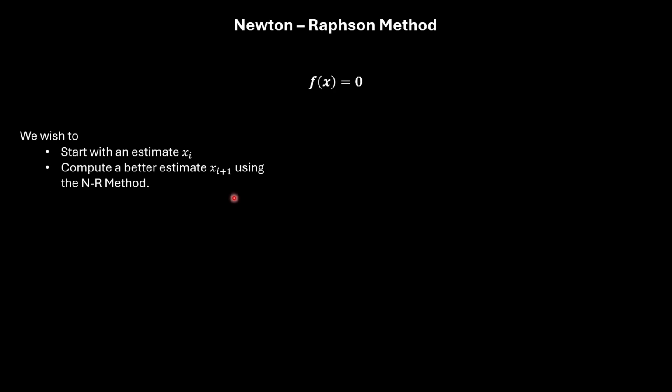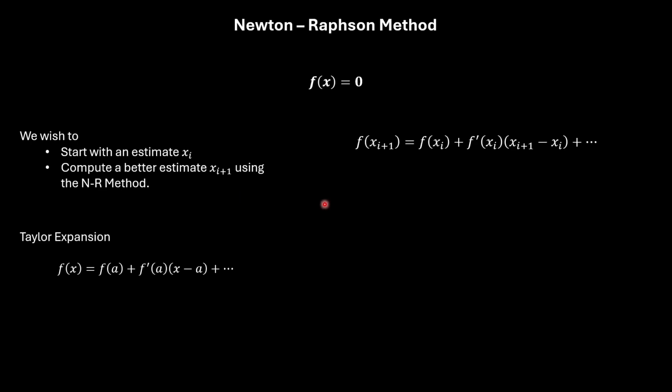So, a very useful tool in all of numerical analysis are Taylor expansions. You're going to find them everywhere. You can see the Taylor expansion for a general function f of x around a point A is denoted by this expression.